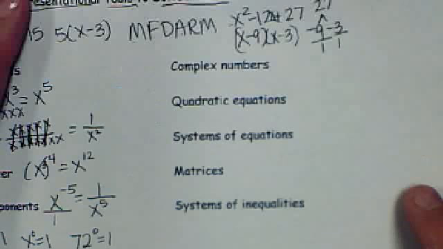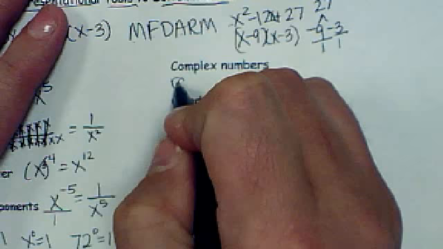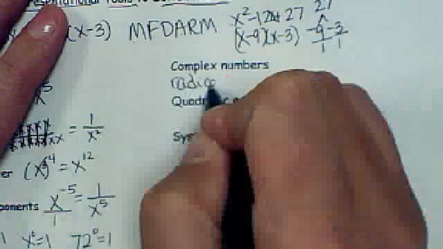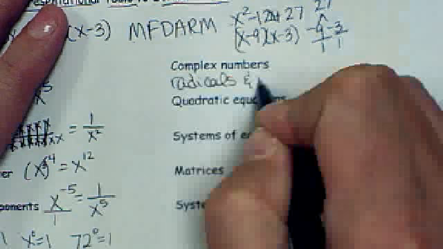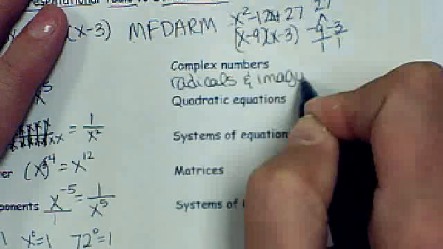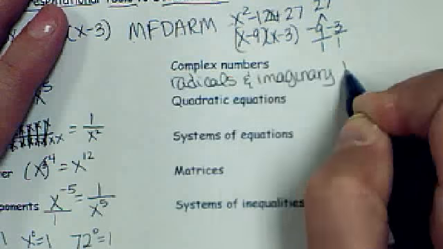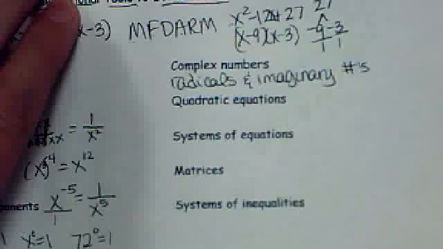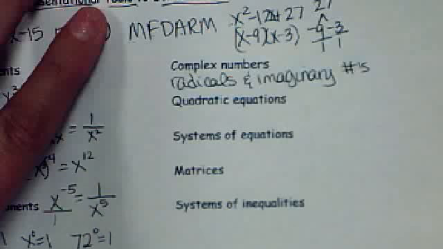Complex numbers include radicals and imaginary numbers. The most common place we see complex numbers is when we do the quadratic formula.